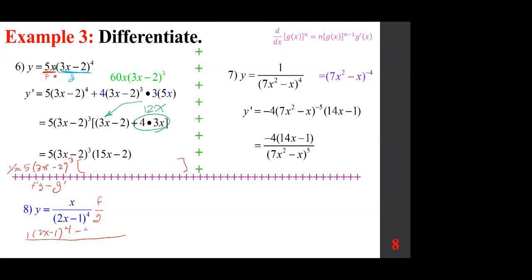4 times 2x minus 1 cubed times 2, g prime, times the numerator f, divided by g squared.